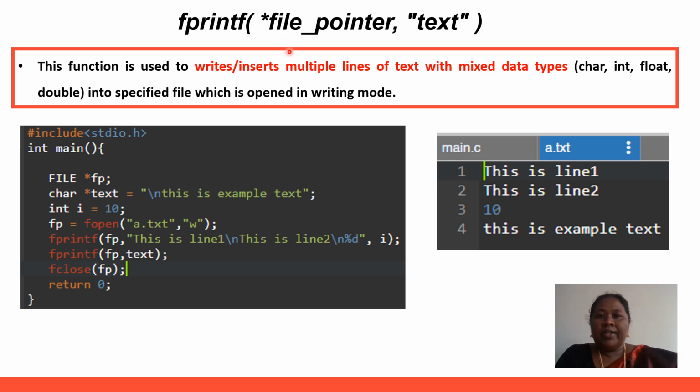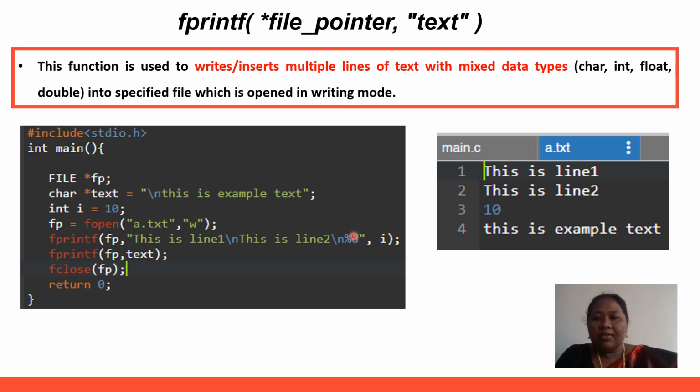For example, the first argument is the file pointer, the second one is a string. In case you want to include some numerical data, after this you can give a comma. When you give it, it inserts the second data. For example, this is line number 1. After that, if you want to bring in the next line, you can give slash n. So this is how this data is written.